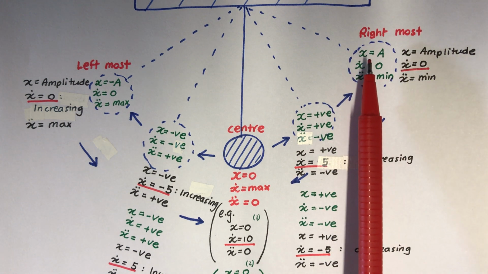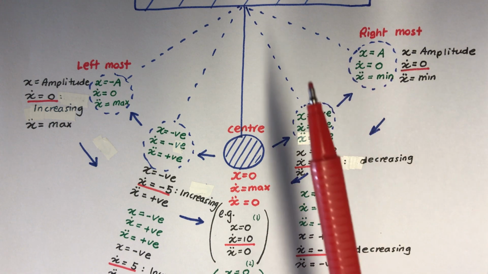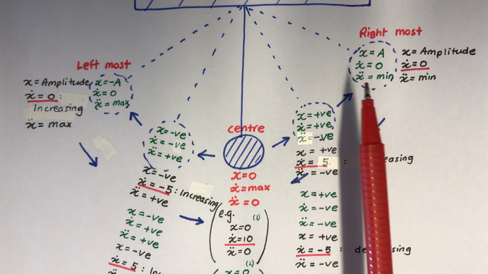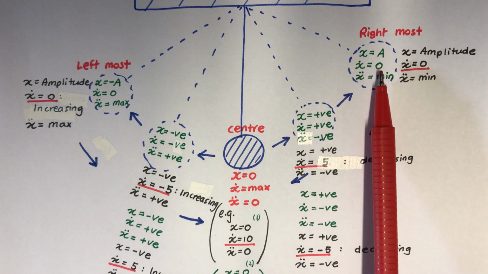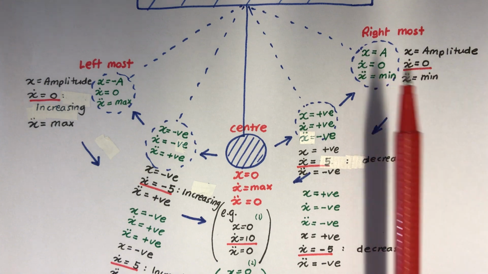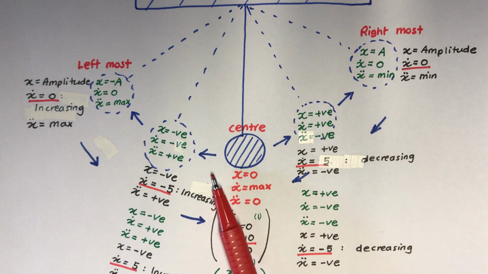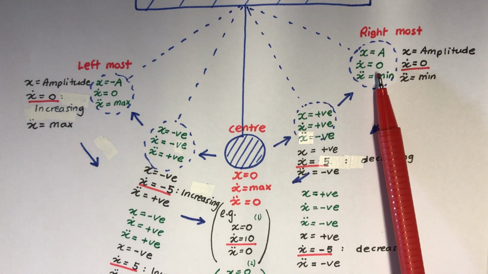This displacement is your amplitude, the positive amplitude, and because it reached the highest point, your velocity stops. So velocity is 0. When it's hit, it stops for a second before it changes direction. So that's the point there.